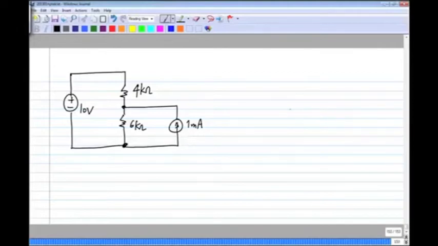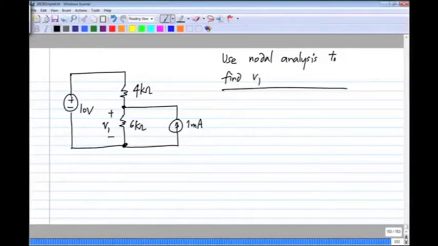Now first of all, you can solve for this in a number of ways. You can either use nodal analysis or mesh analysis. So please do that and let me know the voltage across this 6 kilo ohm resistor. Let me call that V1. Please take this up as an exercise and use nodal analysis to find V1.